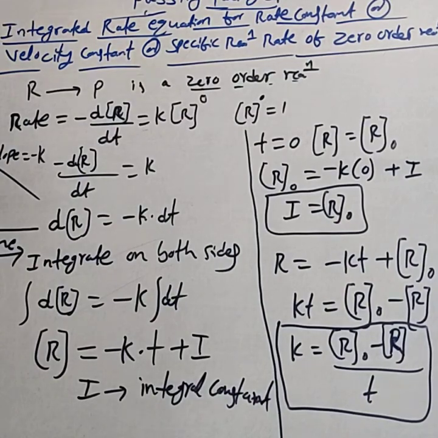For the y coordinate consider the R concentration, and for the x coordinate take the time. You get a negative slope, slope equals minus k, and the intercept gives R naught. This is about the zero order reaction. Next, consider the first order.